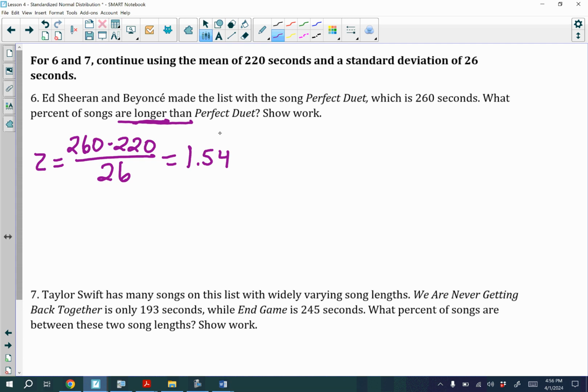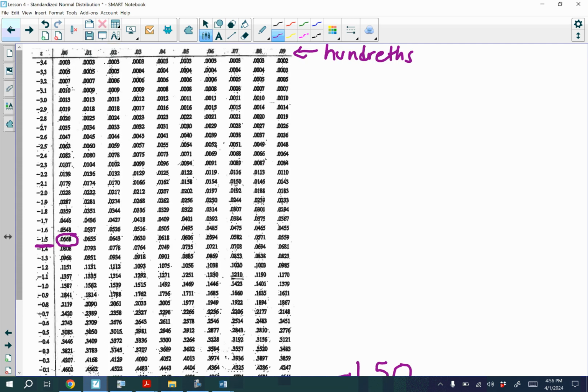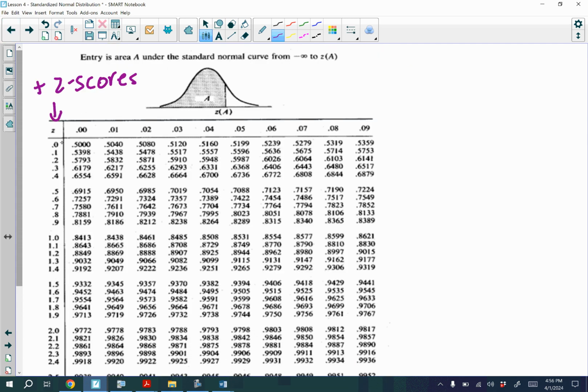Okay? So now we have to think about this 1.54 and look at our standard normal table. Now notice our z-score is positive, so we want to go to the positive side. Here we're going to look at 1.5, and remember, our hundredths place is the 0.04.